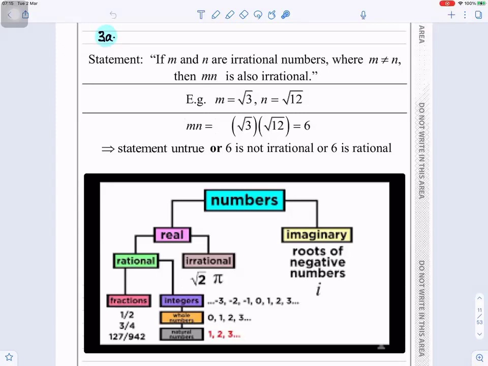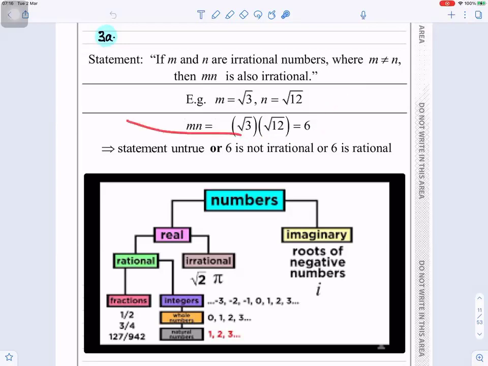So if m and n are irrational, you got to know what irrational numbers are. For example, we can use square root of 3 as one irrational number and square root of 12 as another irrational number. Now, when you multiply m times n, square root of 3 times square root of 12, what does that give you? Put it in your calculator, you get 6.